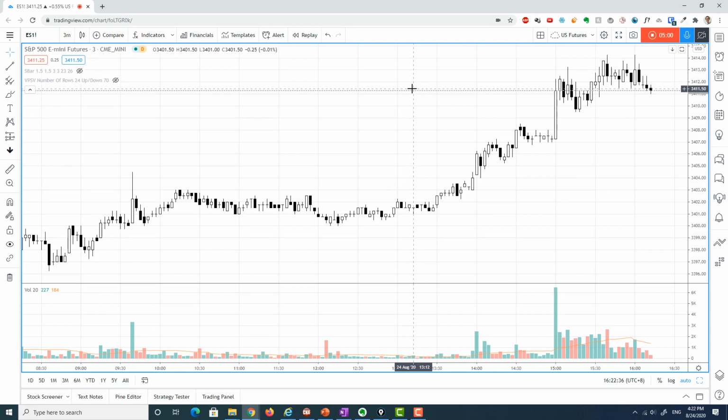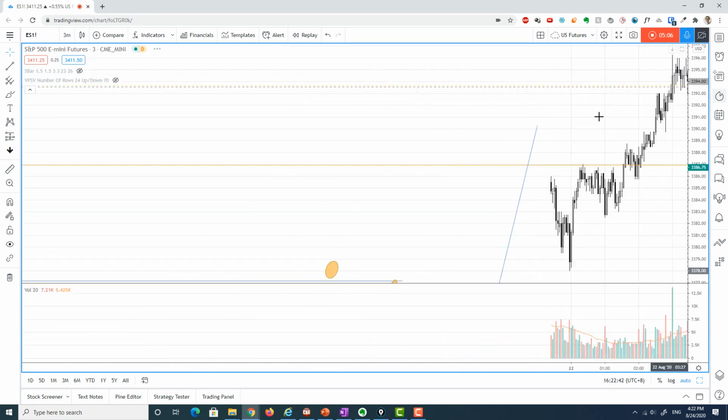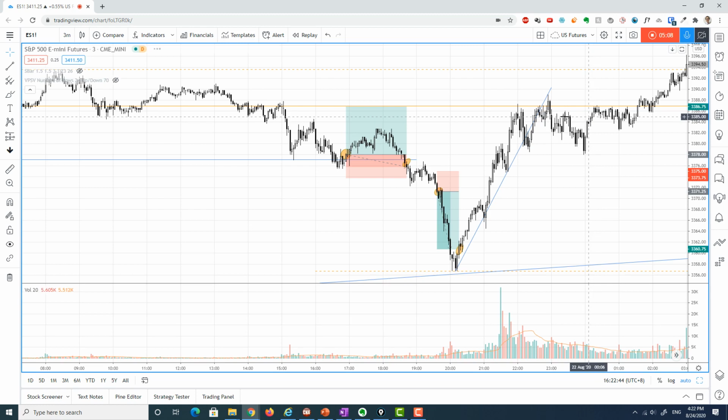turned the losses into profits by detecting the changes. These two trades happened during the Globex hours, which is non-regular trading hours, during the London session, close to about 5 p.m. my time here.